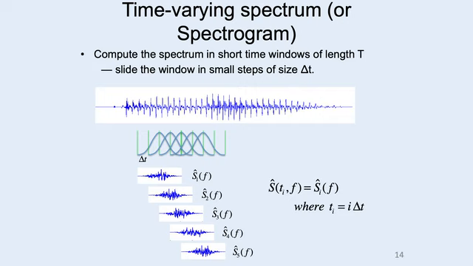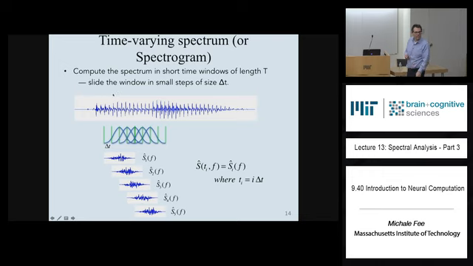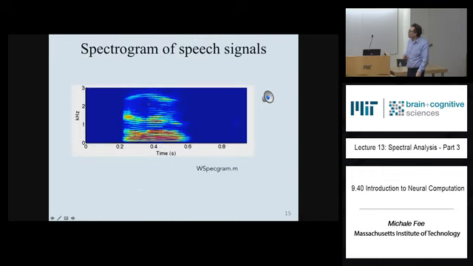Now you've got a spectrum that's a function of time and frequency. Each column is the spectrum of one little piece of the sound at one moment in time. Does that make sense? That's where this spectrogram comes from.